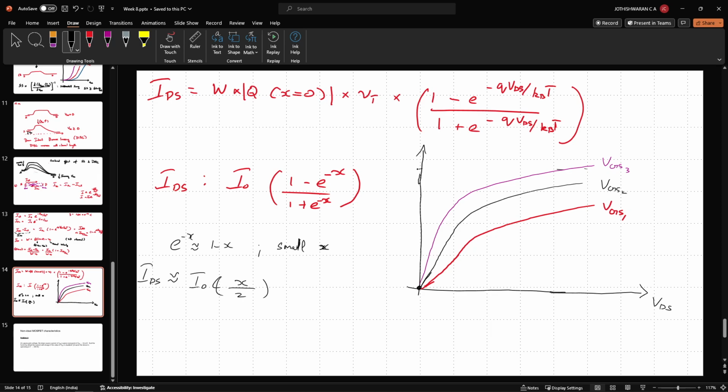This is VDS, this is IDS. So this is the realistic output characteristic of the MOSFET.